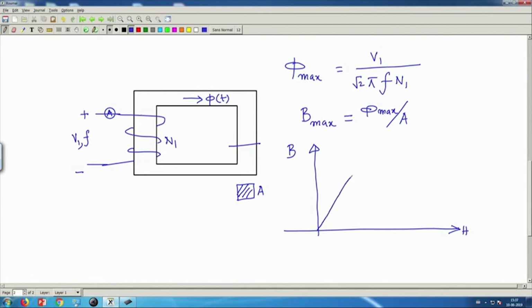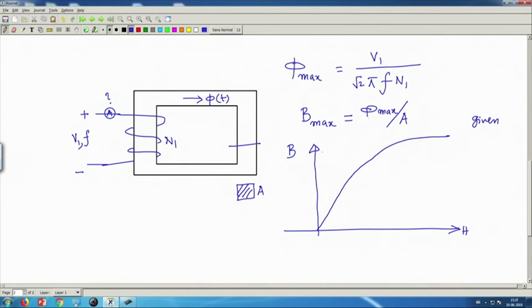As you know, it remains linear at first, then it goes like this. This is the BH curve of the material. So what is I? That is the question asked. I will calculate phi max, then B max, and the BH characteristic is given to me.